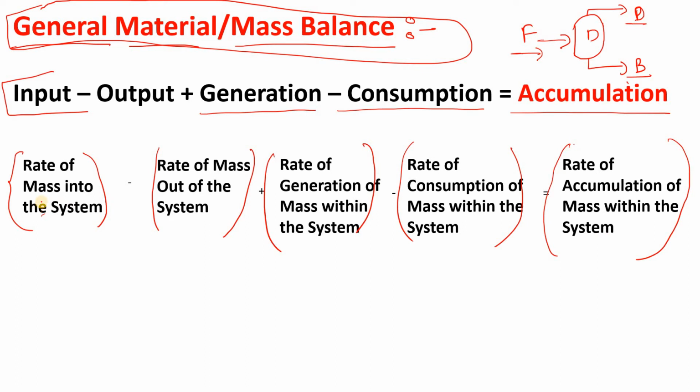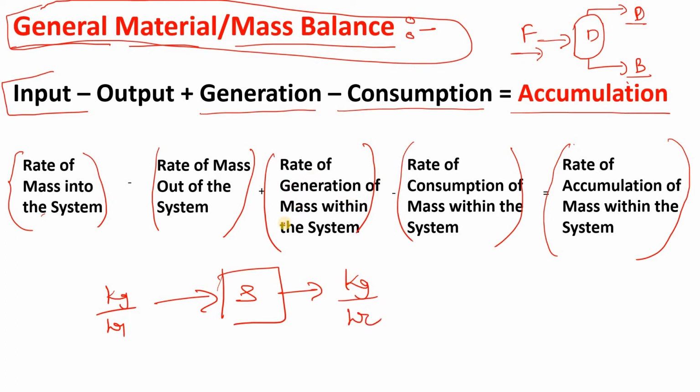What is the journal formula? It is rate of mass into the system, minus rate of mass out of the system, where rate means kg per hour, plus rate of generation of mass within the system, minus rate of consumption of mass within this system, like how much of the product is going to be consumed within this system, is equal to rate of accumulation of mass within this system.